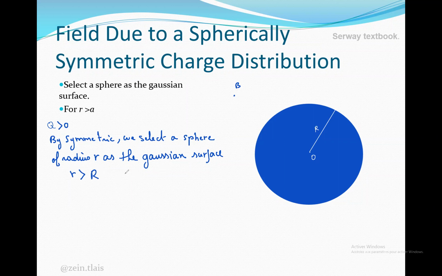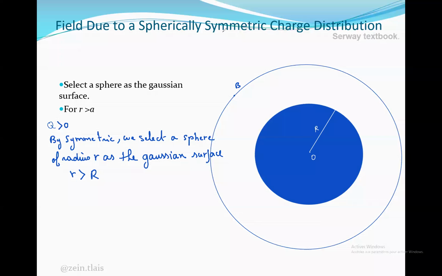Okay, let's draw this sphere. This one is a Gaussian surface, and it has a radius. We can choose a radius to the point B, which is equal to small r.